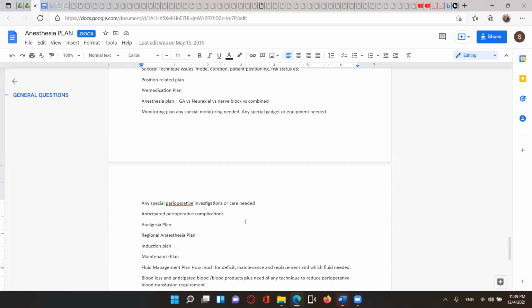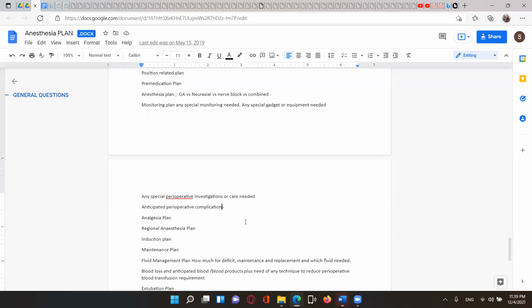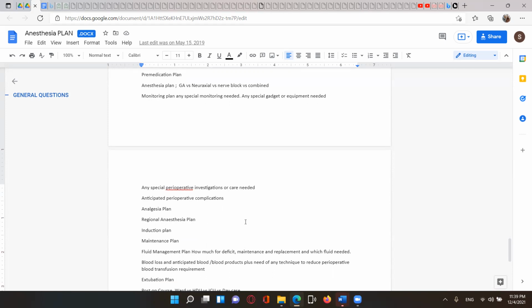One important thing I missed is the point of care testing being used in the operation theater. You should be thinking about a monitoring plan. In addition to standard 1, standard 2, what additional monitoring do you need? This should also be part of your planning. For every surgery you think, in addition to standard monitoring, do you need any special monitoring?